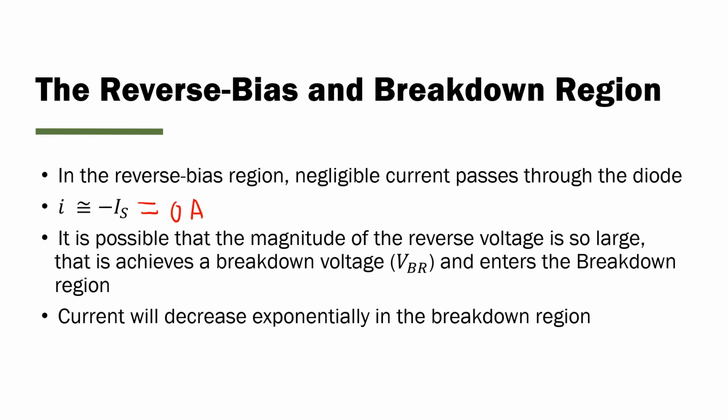However, it is possible that the magnitude of the reverse voltage is so large that it achieves what we call a breakdown voltage, V sub BR, and it enters the breakdown region. And so current will decrease exponentially in the breakdown region. We won't study this breakdown region too closely in this video, just know that it exists.